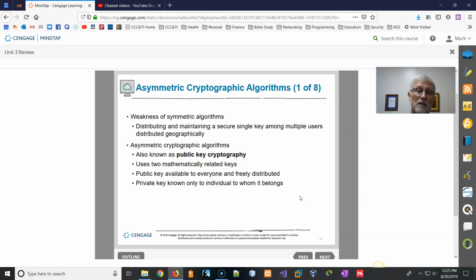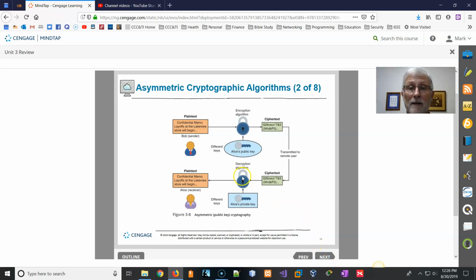It uses 2 mathematically related keys, the public key available to everyone and freely distributed, and a private key known only to the individual to whom it belongs. So here you've got public key, private key, same message, but 2 different types of keys. So one everybody knows, one that only, in this case, Alice knows.